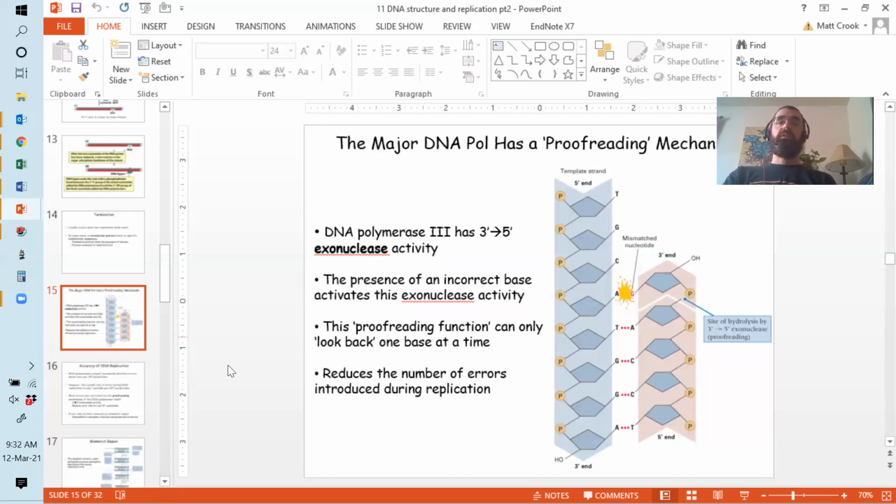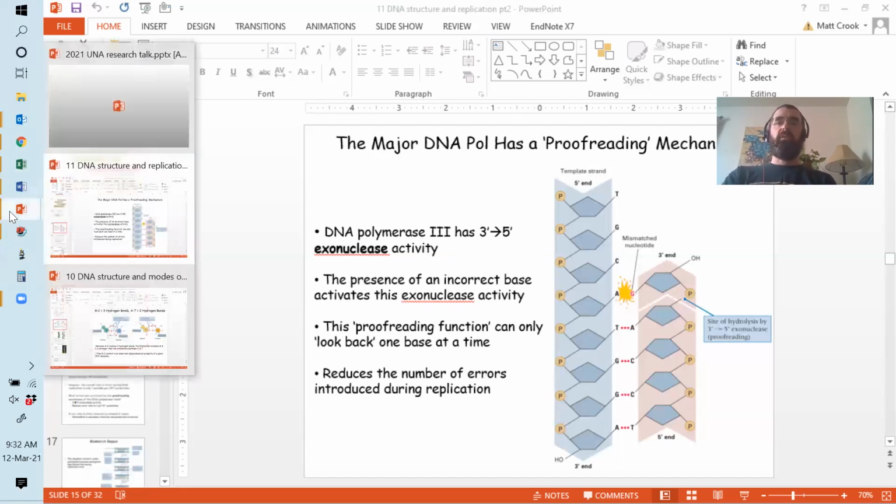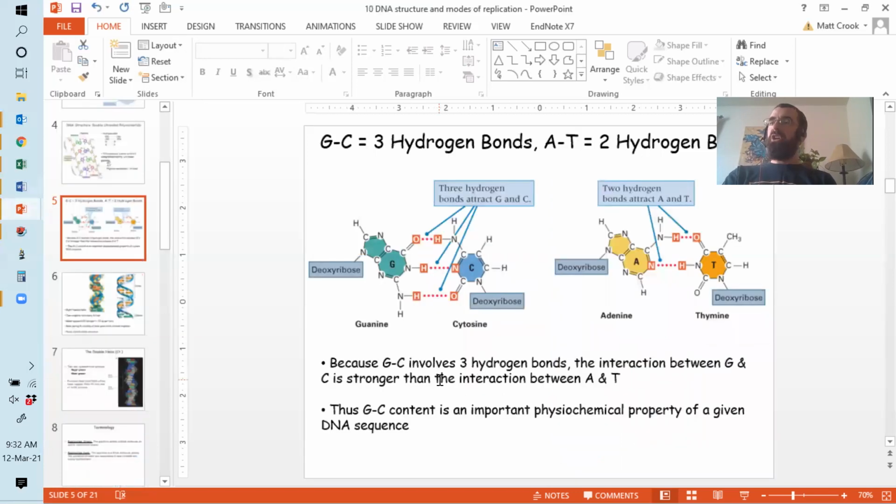And it really works on the basis of incorrect bases forming the wrong shape, right? If you have two purines together, for example a guanine and an adenine, now you're going to have 4 rings, so now you're going to have a bubble.